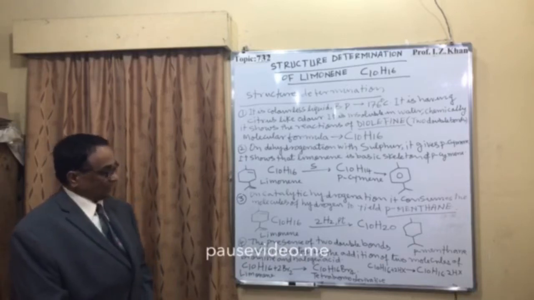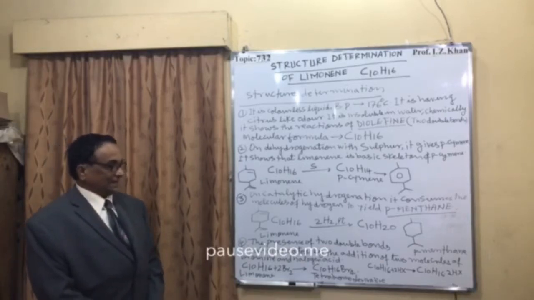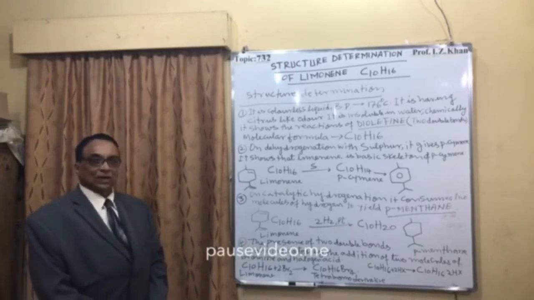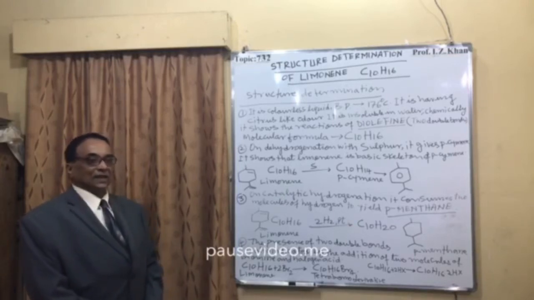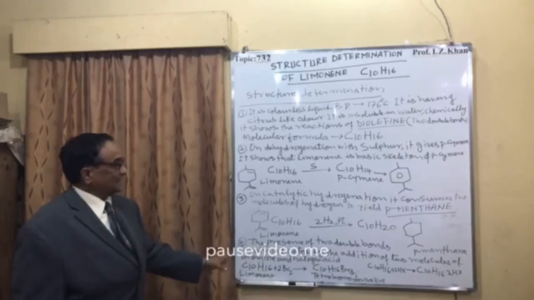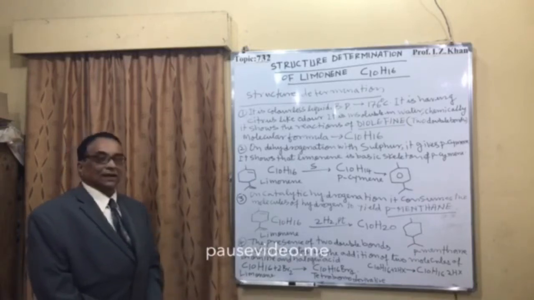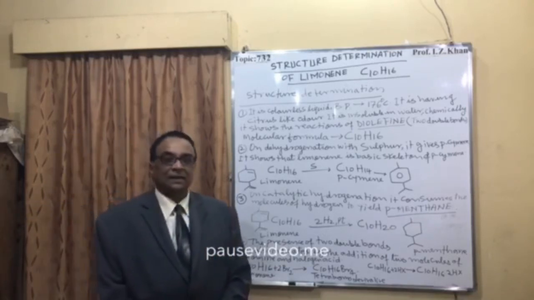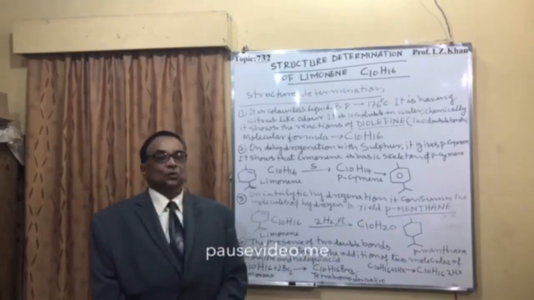And again, when limonene C10H16 is treated with 2HX, we get C10H16 2HX, the halogen acid adduct. So these reactions show that limonene has the para-cymene skeleton, and also that it contains 2 double bonds.